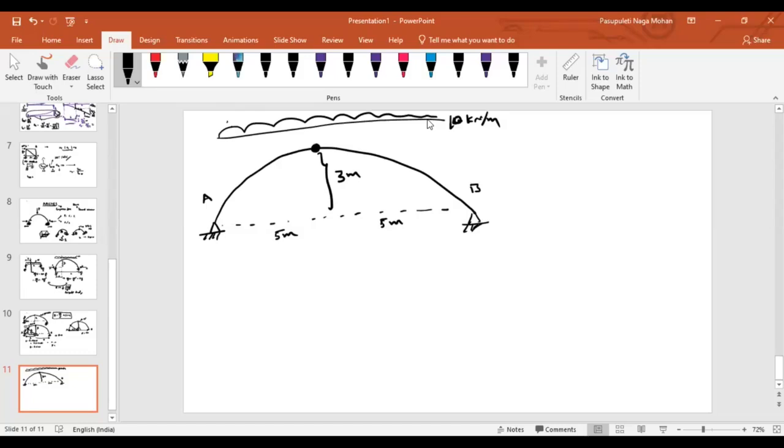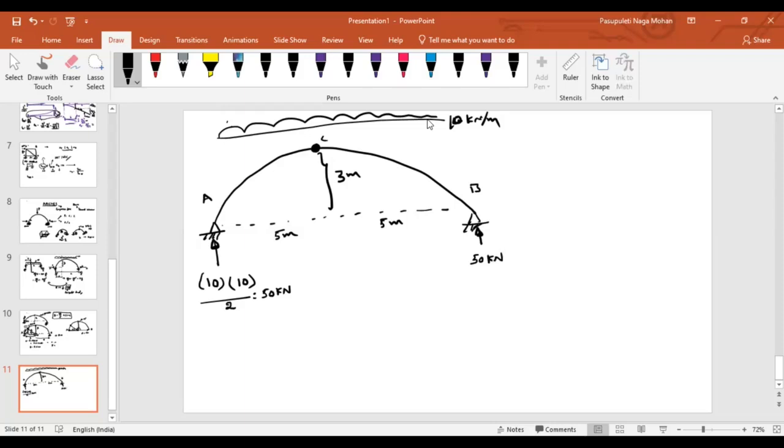What are the support reactions? Vertical: WL by 2. So total load intensity is W, and what is the total span? 10. By 2. That is nothing but 50 kilonewton taken by support A, and 50 kilonewton taken by support B.